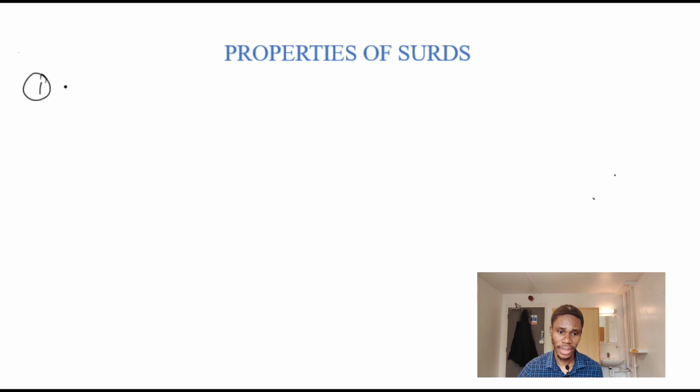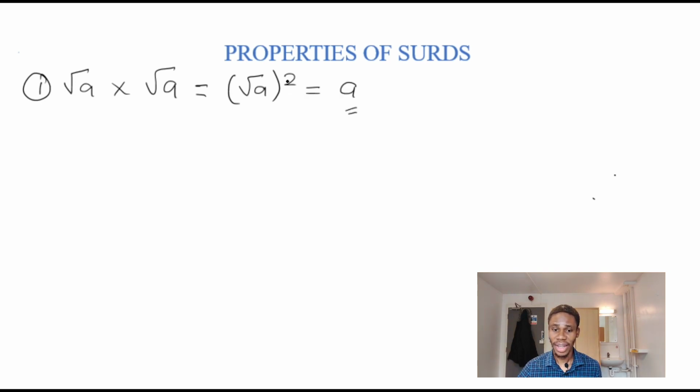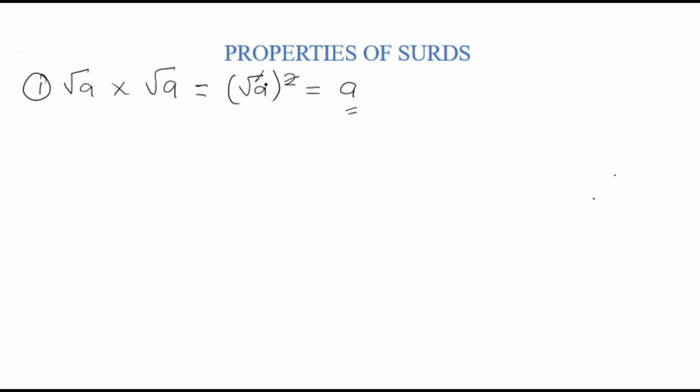For property 1, we have square root of a times square root of a, and this gives us square root of a all squared, and our final answer is a. Now this square sign caters for the square root, hence our final answer being a. Let's take one example.